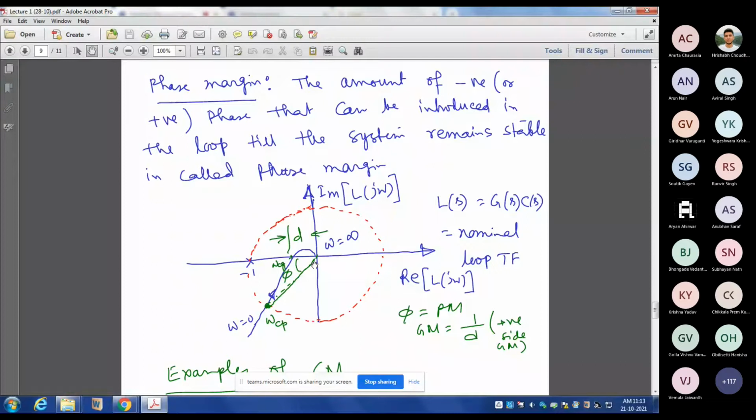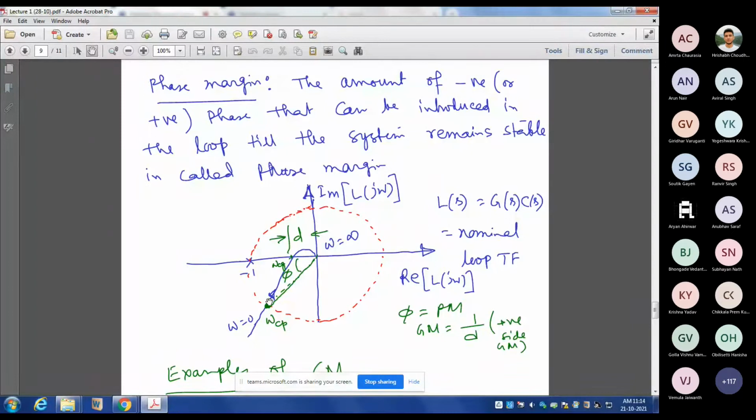In the case of phase margin, this does not exist, because the Nyquist plot is symmetric with respect to your x-axis. So that's why upper side phase margin and lower side phase margin doesn't matter. Here, unlike the gain margin concept, we do not use upper or lower phase margin.